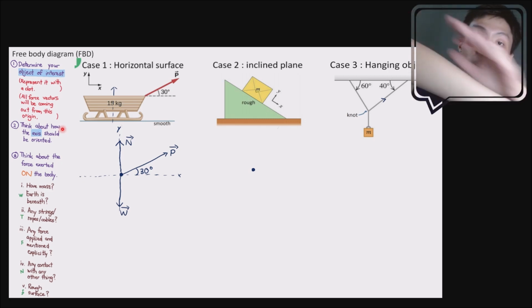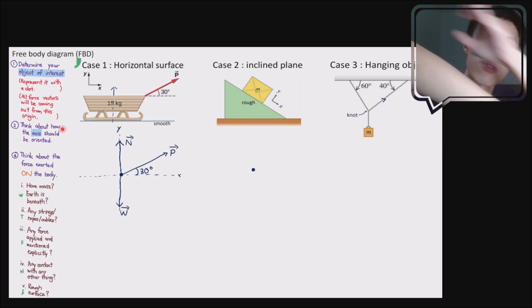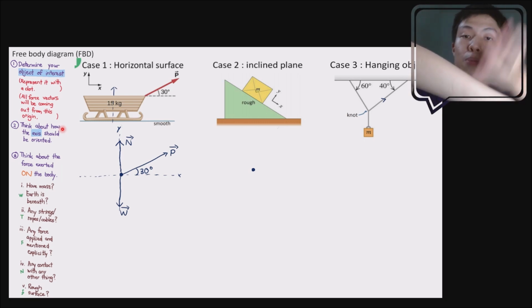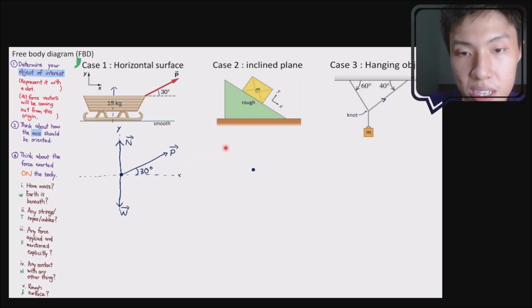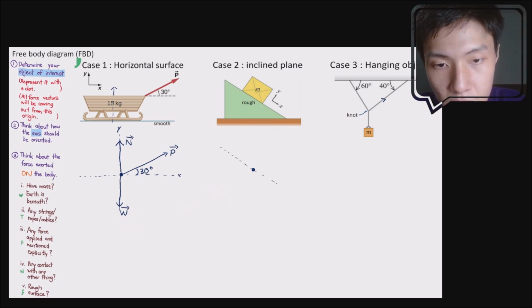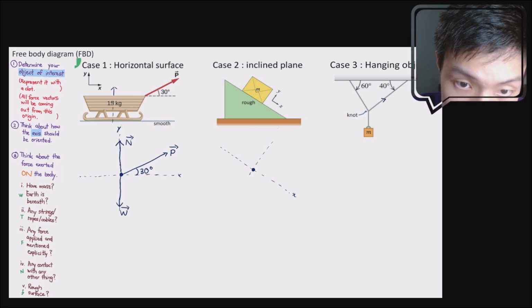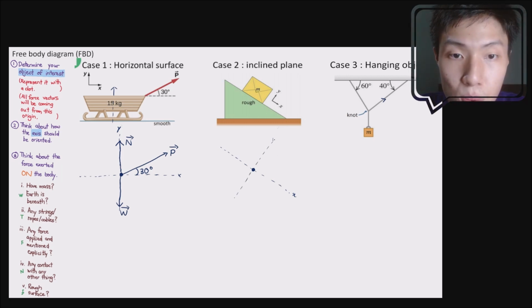So you should dedicate one of the axes to be parallel to the inclined surface over here. So one axis should be here, then one will be perpendicular to the inclined surface. So let's draw it out. One of them will be parallel to the inclined surface, which we usually label as X. Another one will be perpendicular to the inclined surface, which we label as Y.